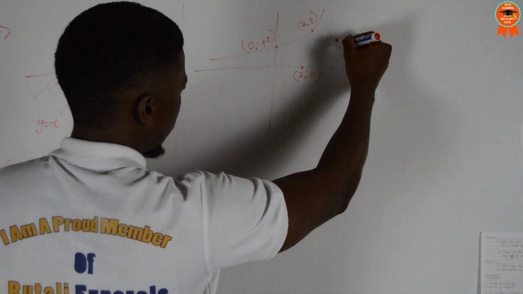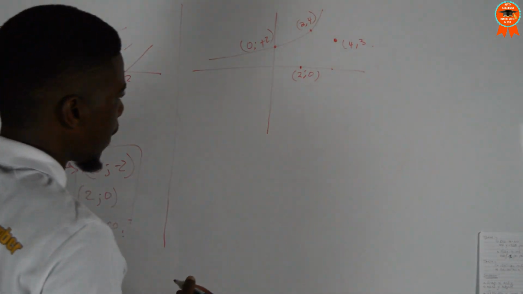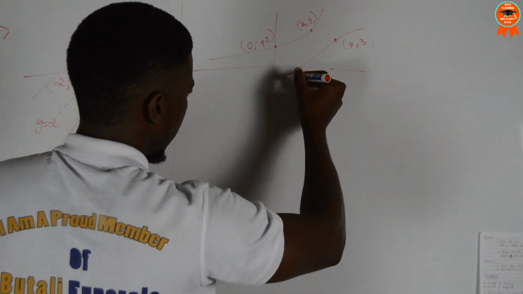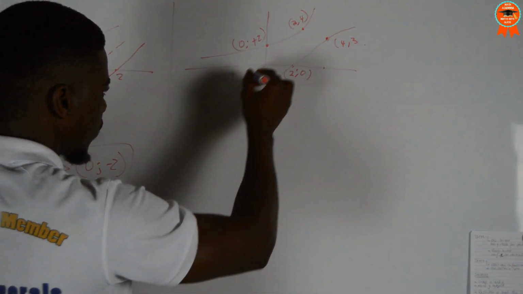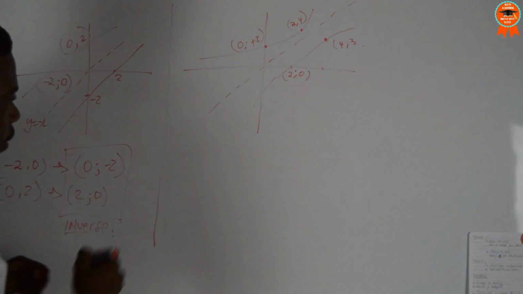So my coordinate will be probably somewhere there. 4 and 3. Then I come here and connect my points with the shape of the exponential. And that is a reflection of the exponential along the line x equals y.